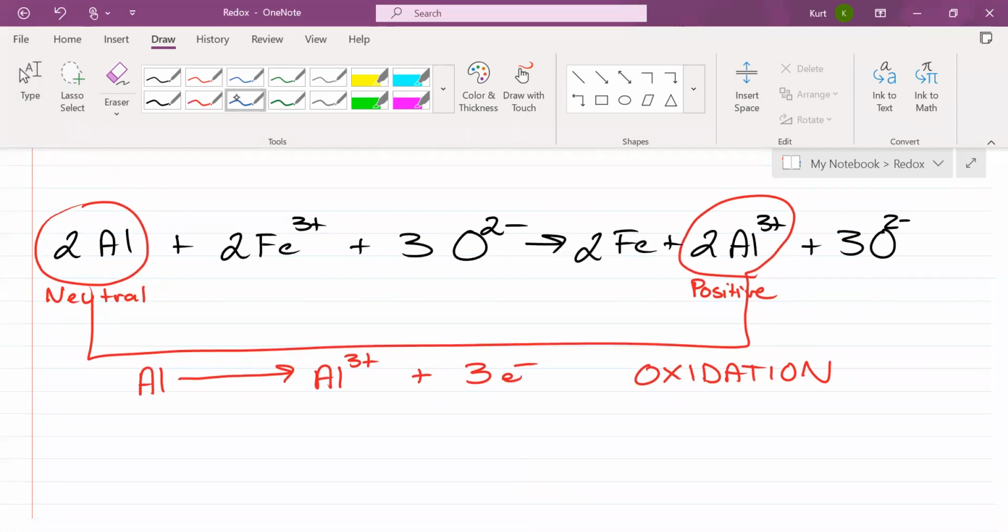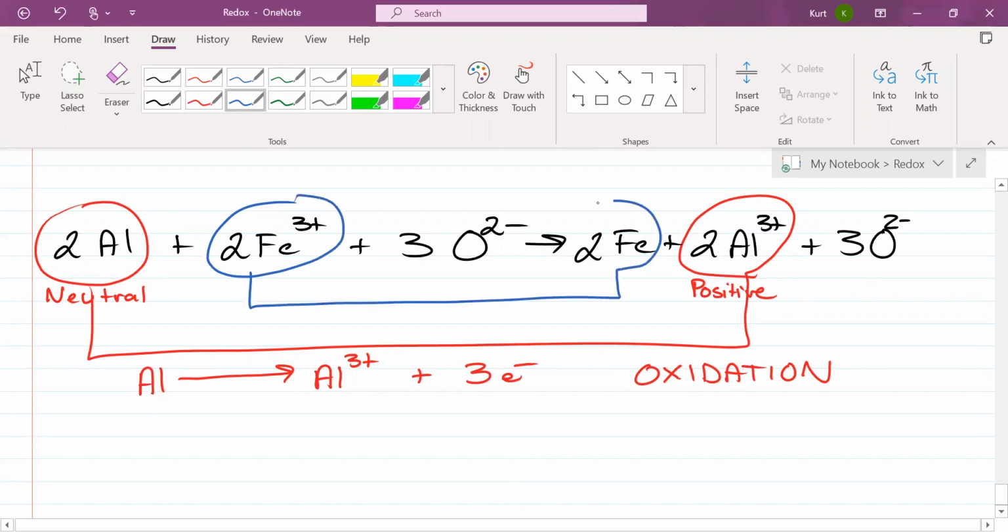Okay, the next one, let's take a look at iron. Jade, what is the status, I should say, of iron on the reactant side? Your choices are positive, negative, or neutral. Okay, positive 3. So this is positive.